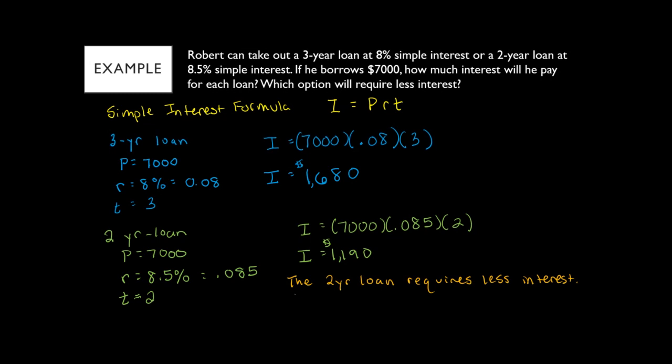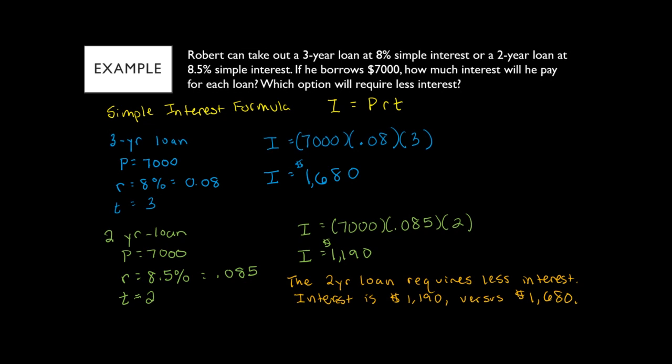And then if you want to take into account the other interest, you can say interest is $1,190 versus $1,680. It'd help if I actually spelled interest right there.